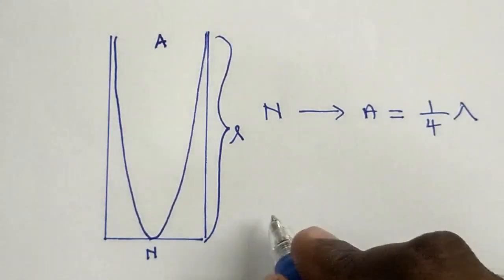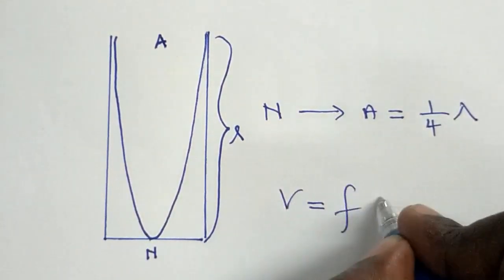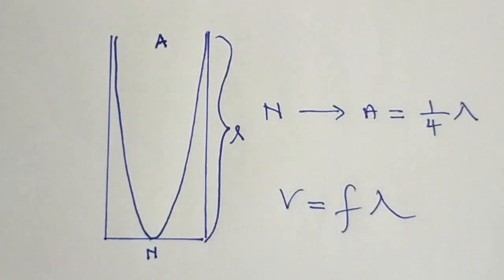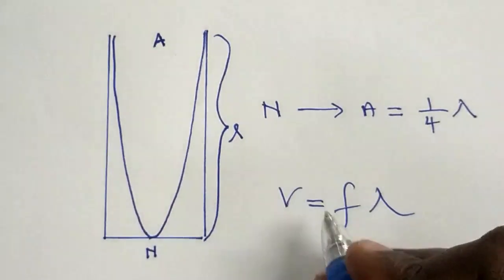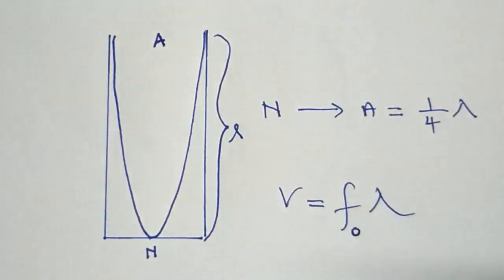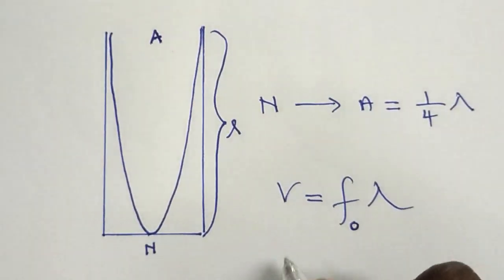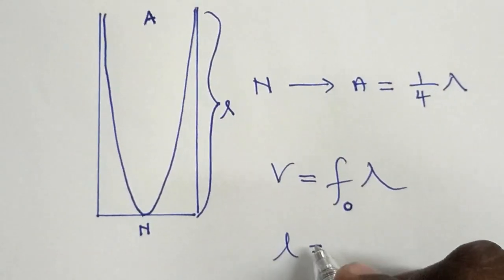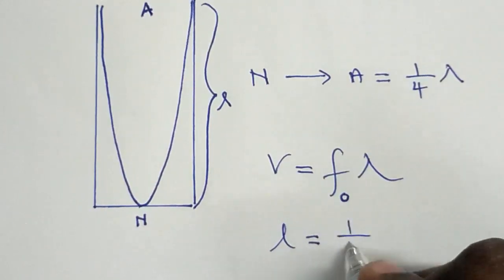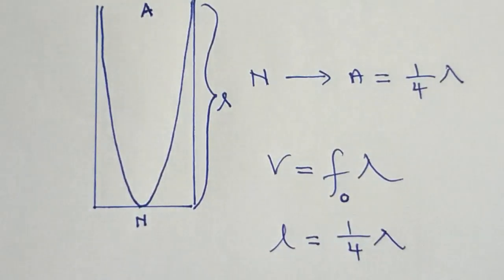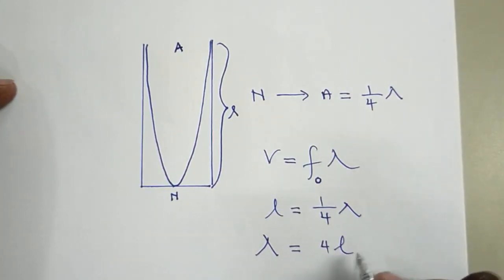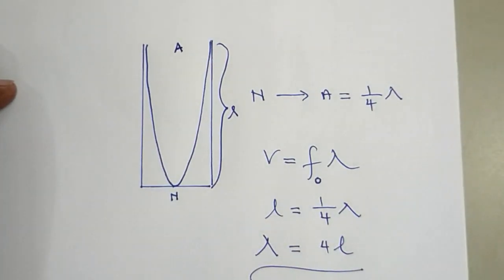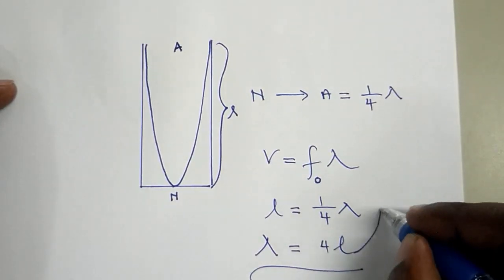So by using the formula V equals F lambda, which we call the speed of wave propagation, where F is the fundamental frequency, we know that L equals a quarter wavelength. So the wavelength itself is 4L. We can substitute this lambda in the formula.